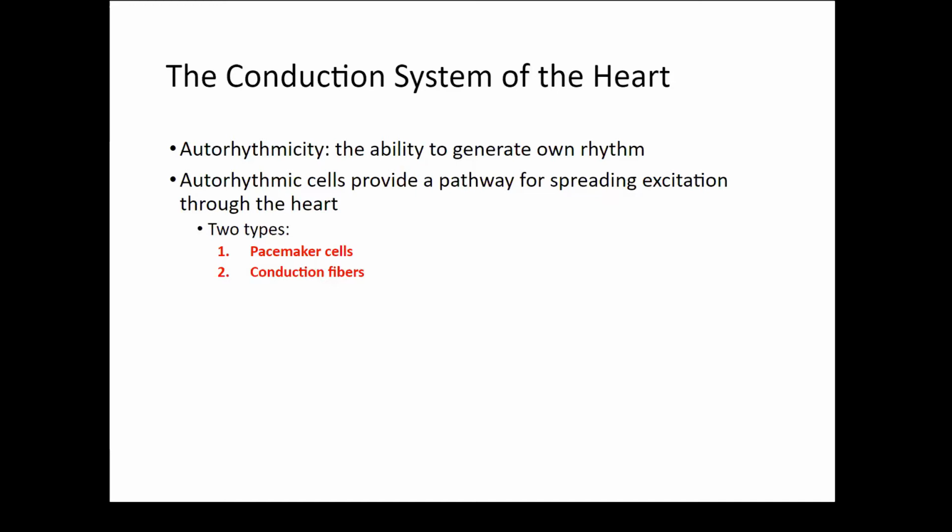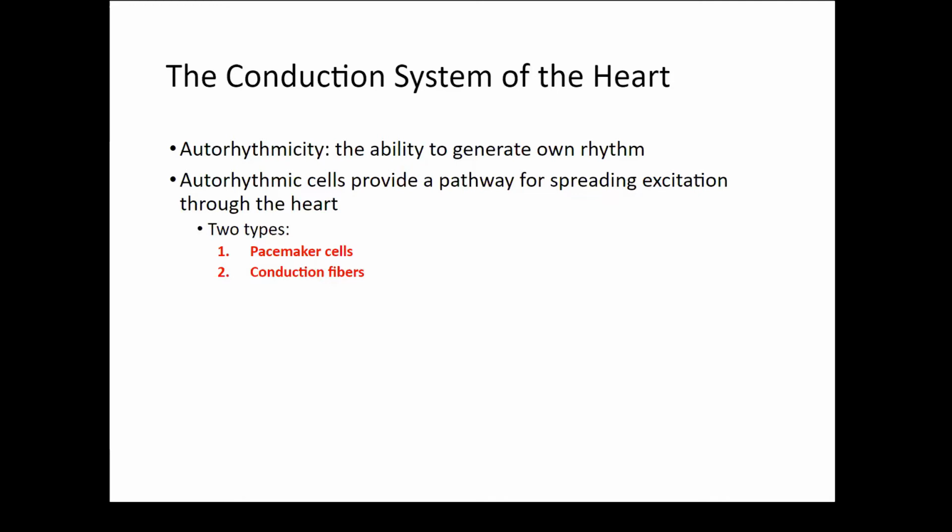We also need to be able to spread it throughout the heart, and we need to spread it in a specific order, right? Because we want our atria to contract, and then we want our ventricles to contract. So we need to send the signals first to the atria, then to the ventricles, in order to get this order of contraction of our heart chambers.